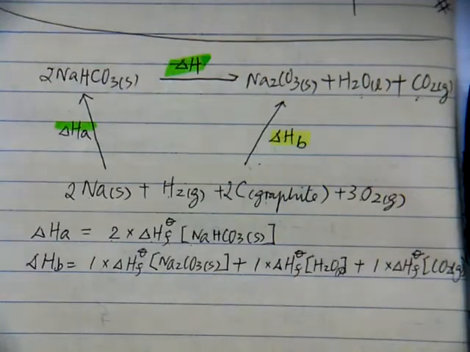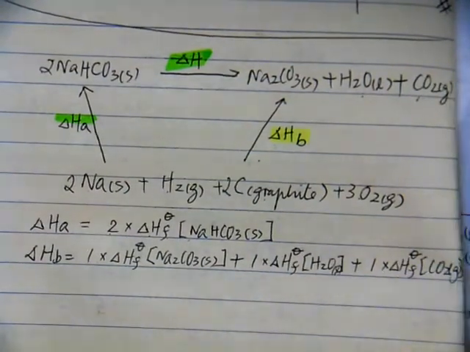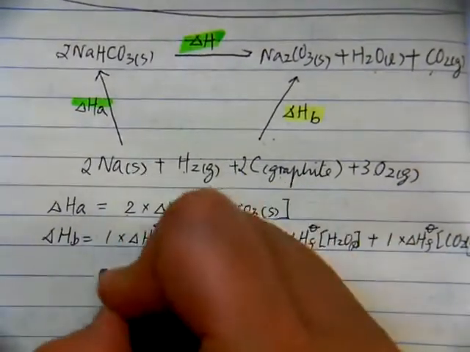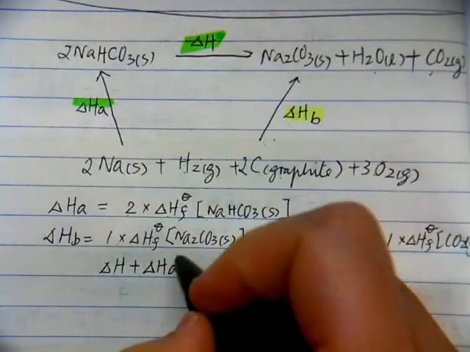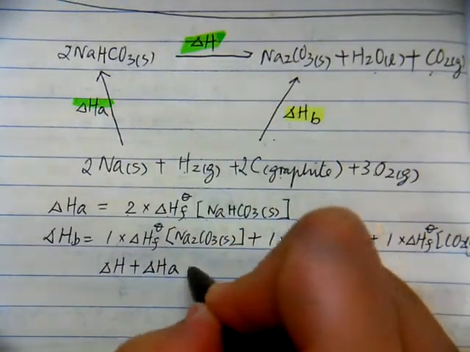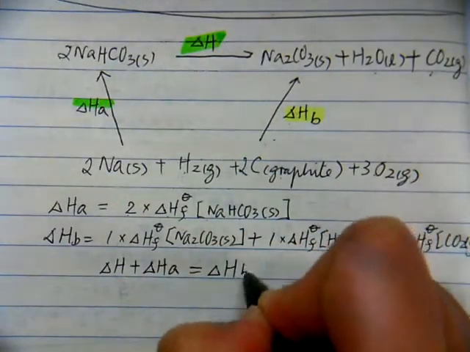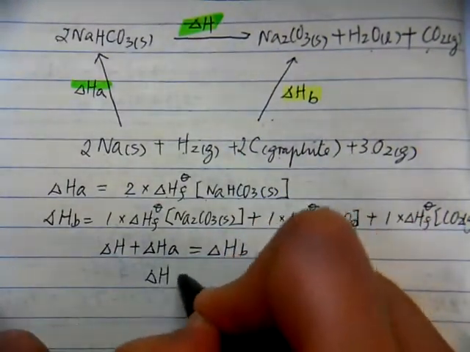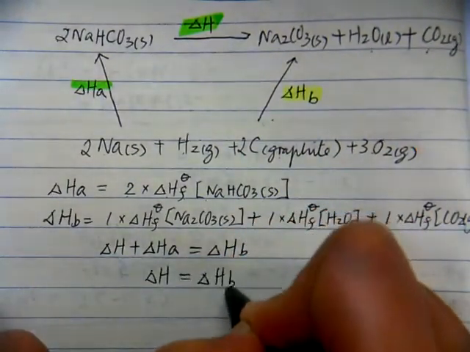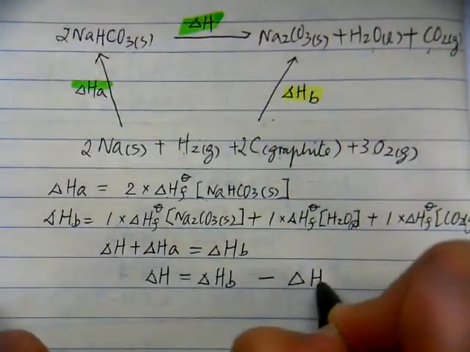This arrow refers to another route. According to Hess's law, the summation of delta H and delta HA, that means delta H plus delta HA, should be equal to delta HB. This is Hess's law. So delta H is equal to delta HB minus delta HA.